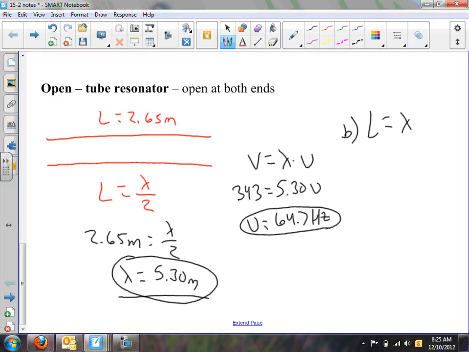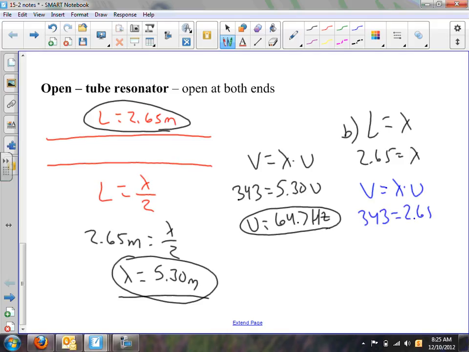Oh, just kidding. L, right here, is the length of the pipe. 2.65 equals the wavelength. Plugging into this equation, 343 equals 2.65 times frequency.